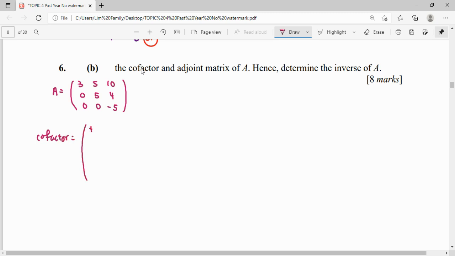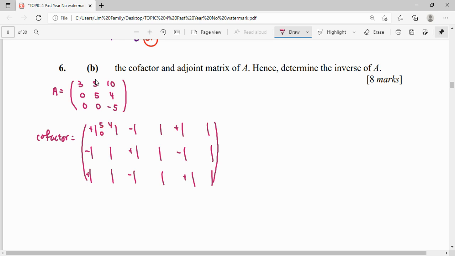For cofactor, the sign pattern follows the position: positive, negative, positive for row 1. For row 2, negative, positive, negative. Then positive, negative, positive. For position 1, 1, we eliminate row 1, column 1 to find the minor, which is 5, 4, 0, negative 5.